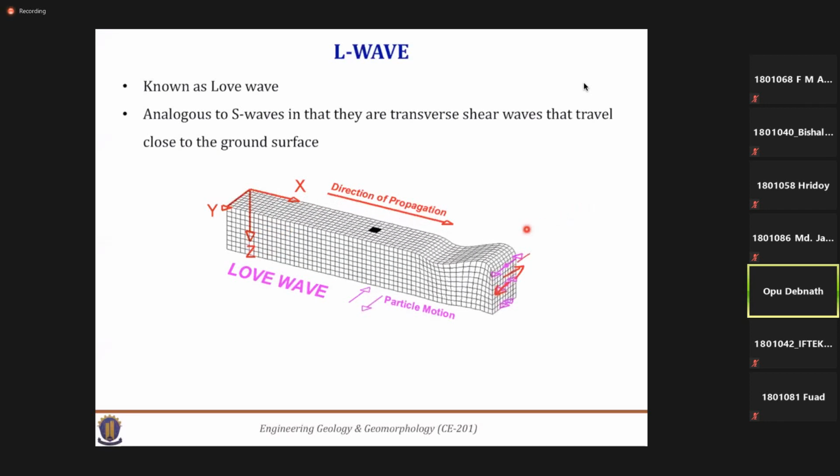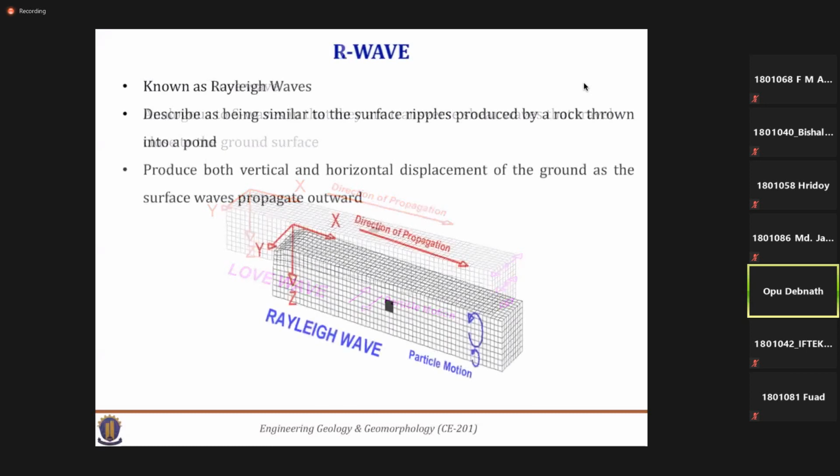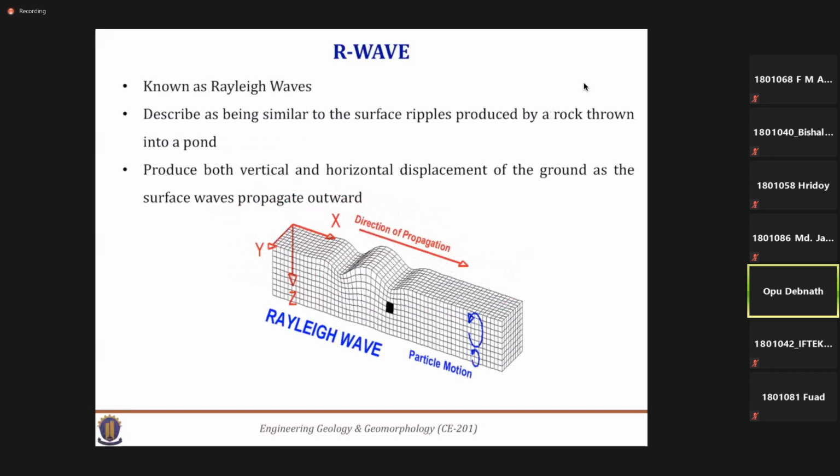And these waves are actually transferred through the ground surface. And the next one is the Rayleigh wave. This is very similar to the surface ripples produced by a rock thrown into a pond.